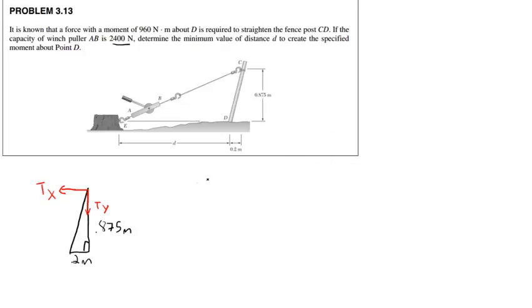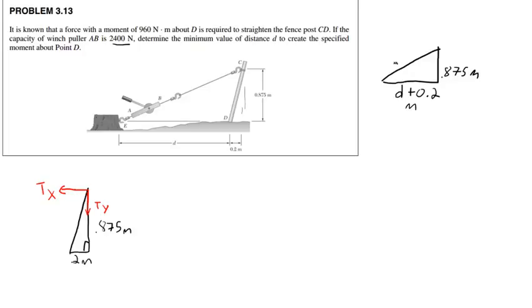Now, we need to consider how we get Ty and Tx. We have this triangle here to consider. Ty and Tx are going to be determined by this triangle here, essentially, from down to here, over to here, and over to here. So Ty and Tx will be proportional to the following triangle. First let me get the height and width: 0.875 meters. On the leg here, I'm going to have D plus 0.2 meters.